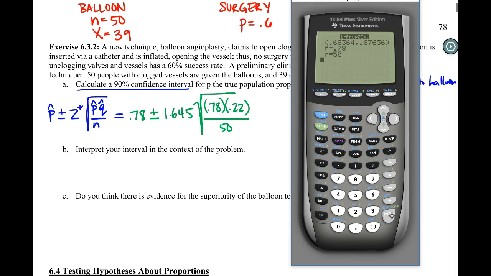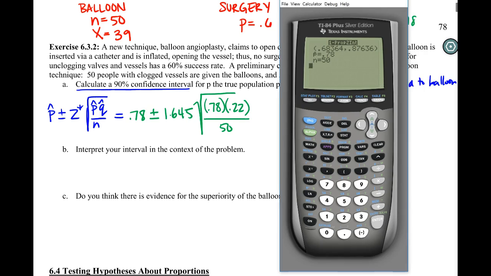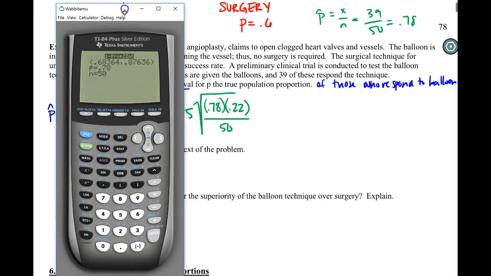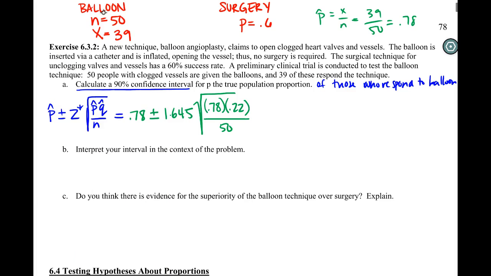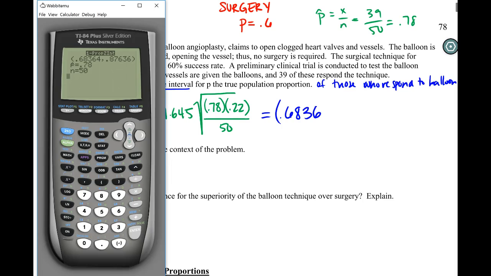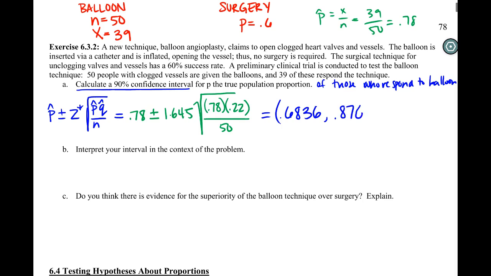So it looks like we have 0.6836 to 0.8764. So there's our confidence interval. Done. The next step says interpret our interval in the context of the problem.